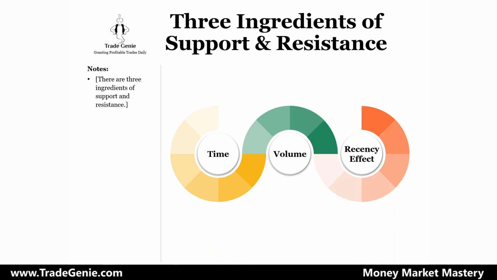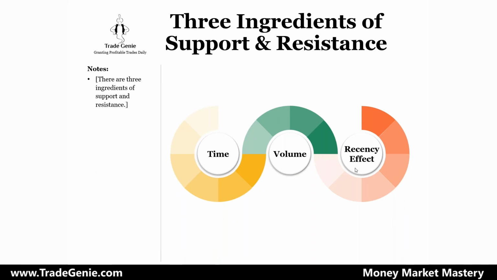If the market sold off at 100 and there were only 10,000 shares compared to 1 million shares, you would pay attention to the 1 million shares transacted at that price point compared to 10,000. And you would pay attention to how many times that support or resistance was tested. So you're calculating the number of times and the volume.